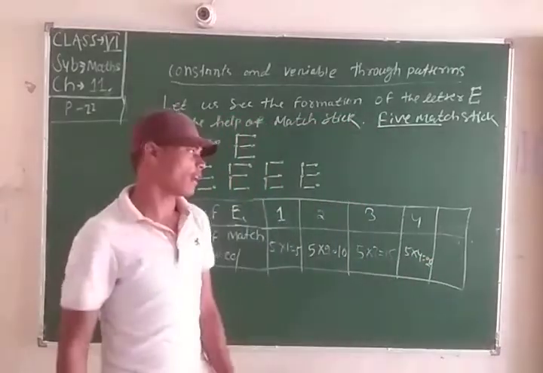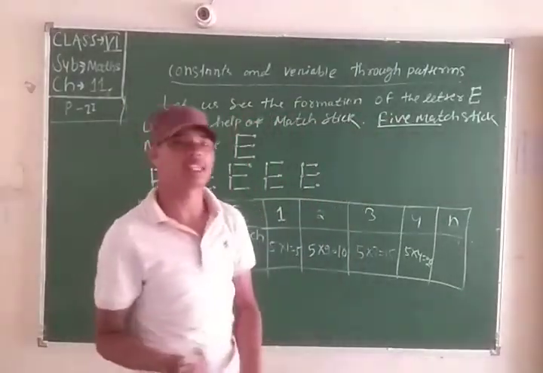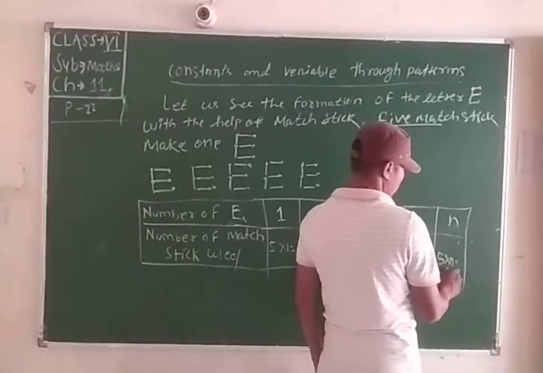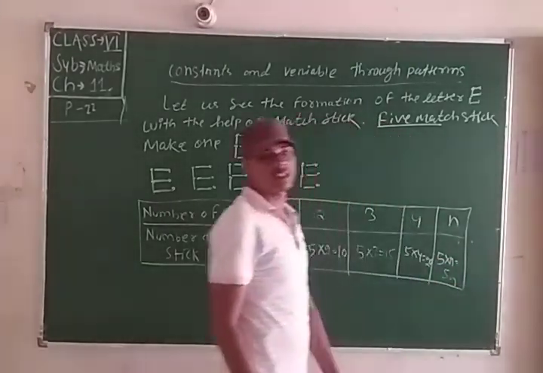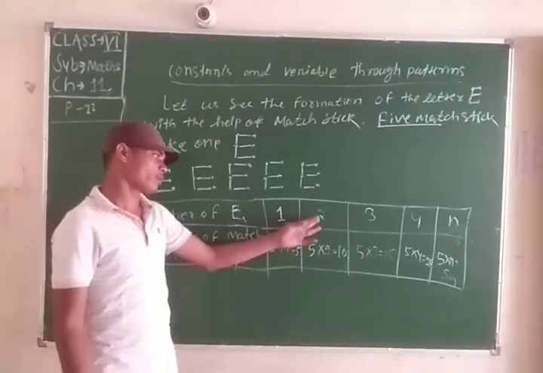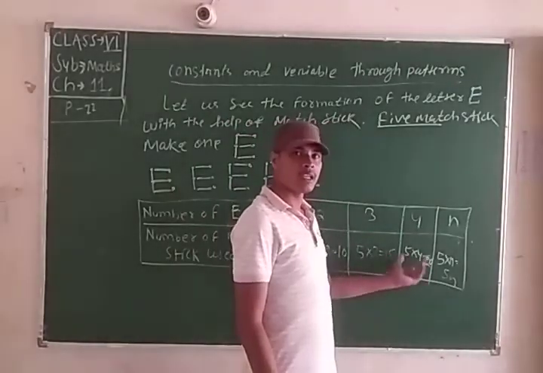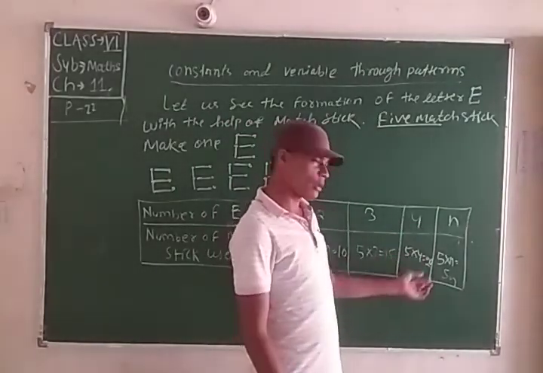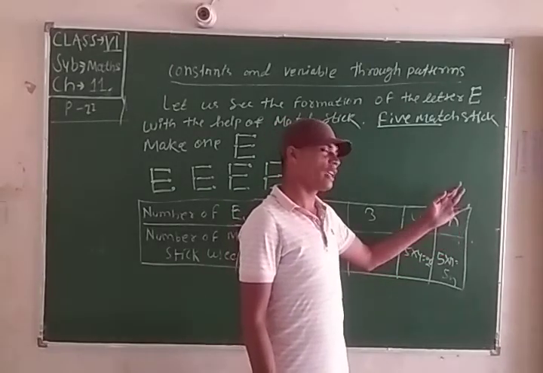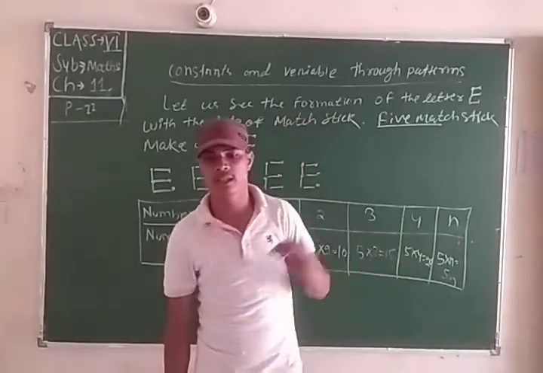Clear about this? Now we take n number of Es. For n Es, we can write 5 into n equals 5n matchsticks. See, according to the pattern, 1 needs 5, 2 needs 10, 3 needs 15, 4 needs 20. Here the number of Es is multiplied by 5 matchsticks. So if you take n number of Es, the number of sticks is 5 into n, that means 5n. Clear about this?